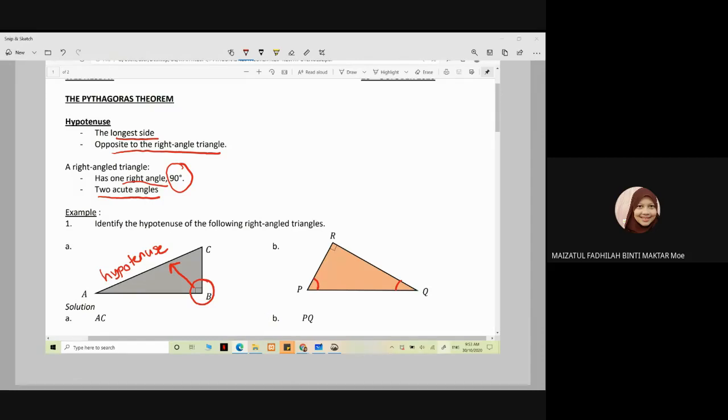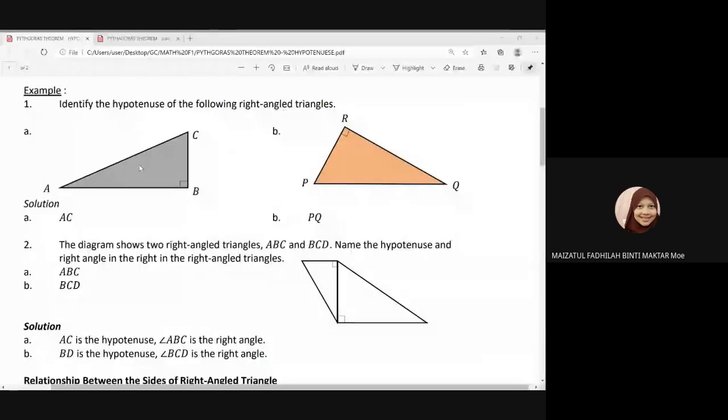Okay, the example that you can see there from the notes. To define the hypotenuse of the following right angle triangle, you just see the opposite of this one, or which side is the longest side. You just state it. Either the label is given at each vertex, or sometimes they have a label for the side.